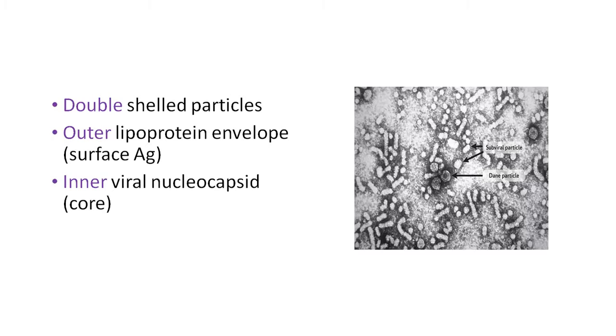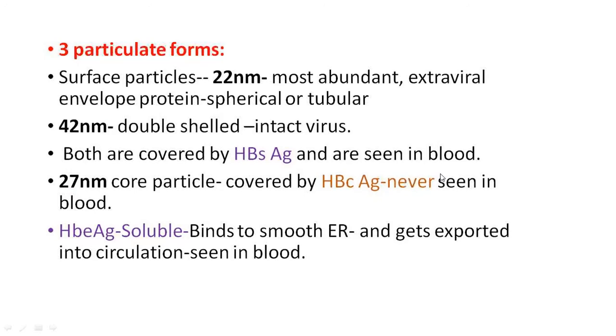So they are the double particles, outer lipoprotein envelope, inner viral nucleocapsid, as we have already seen, and these are the Dane particles. There are three particulate forms. Surface particles, which are 22 nm, are the most abundant extraviral envelope protein, spherical or tubular. 42 nm is the double-shelled intact virus.